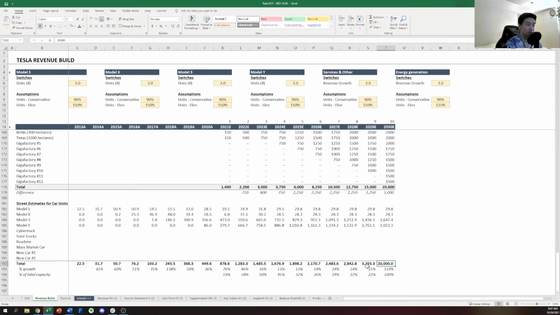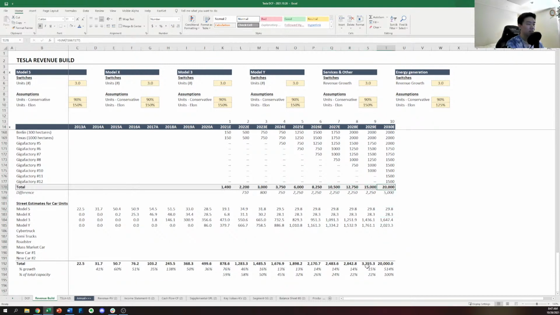20 million here. And we always want to make sure that whatever we project out here is less than the total capacity. I guess the simplest thing to do is, I don't really like that, because that's total capacity.